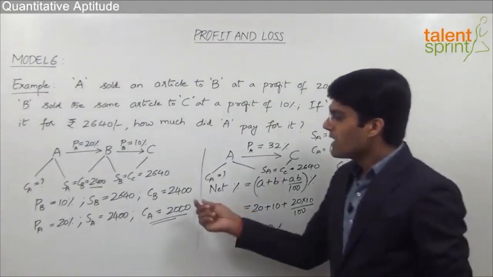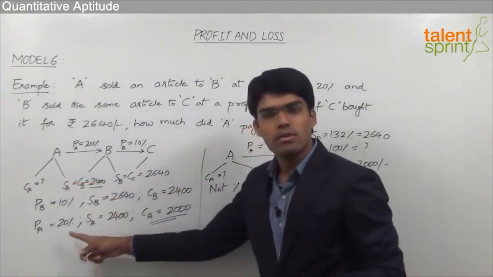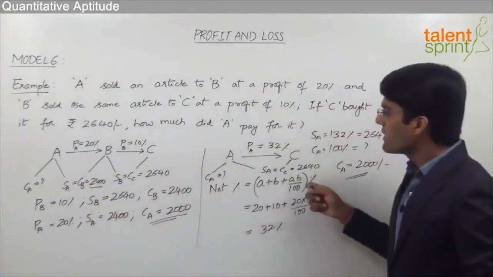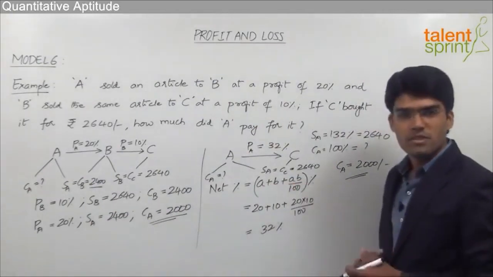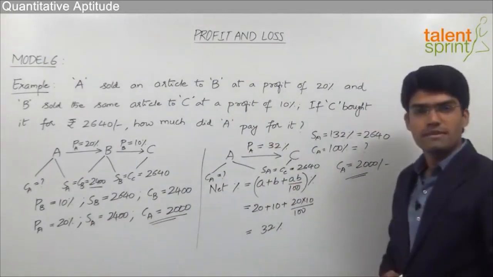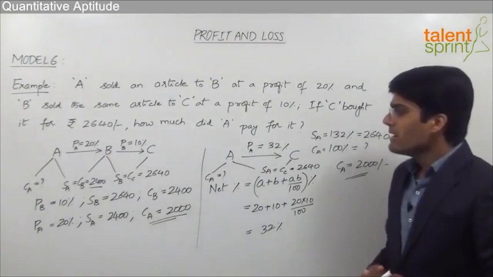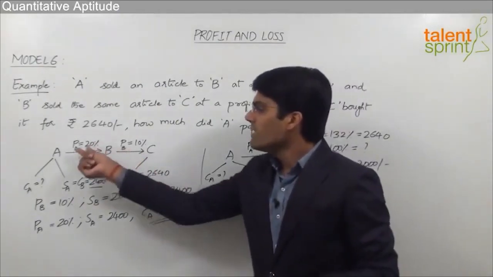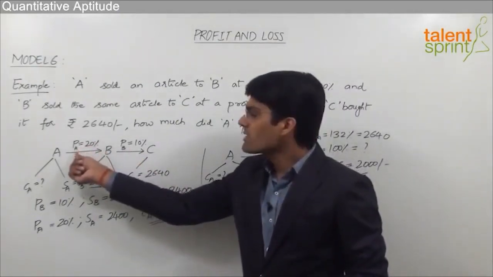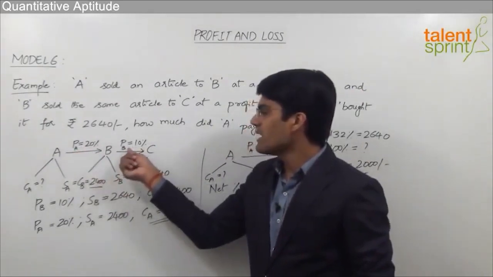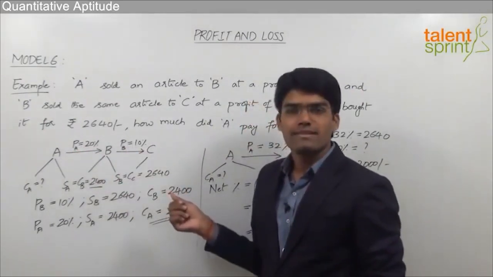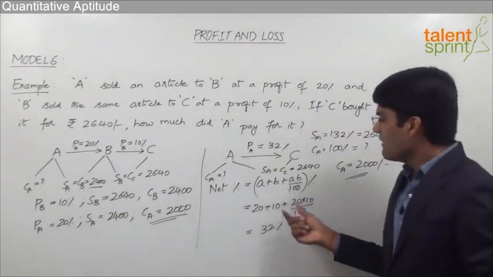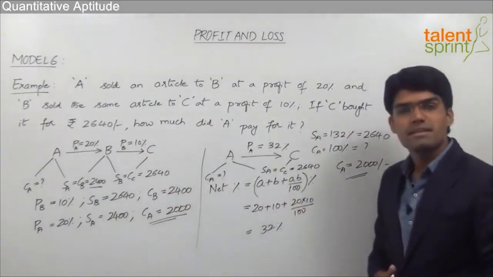So either you can go in the reverse direction to find out the cost price for the person A, or you can simply apply the net effective percentage formula and then find out the cost price. Similarly, in some questions, instead of profits, there may be losses. For example, loss of person A is 20% and loss incurred by person B is 10%. Even in that case, we can go for the formula A plus B plus AB by 100.